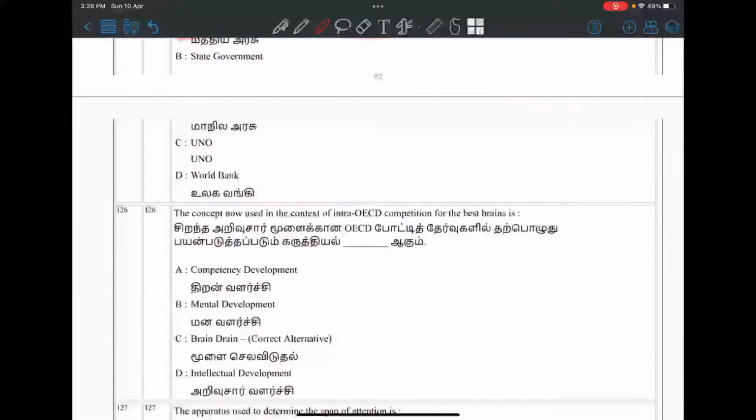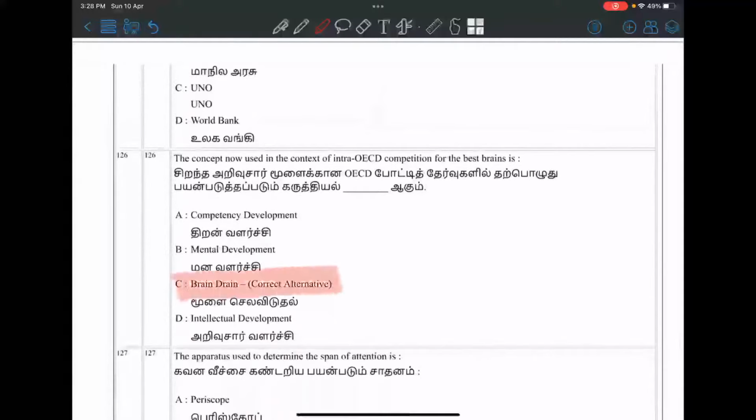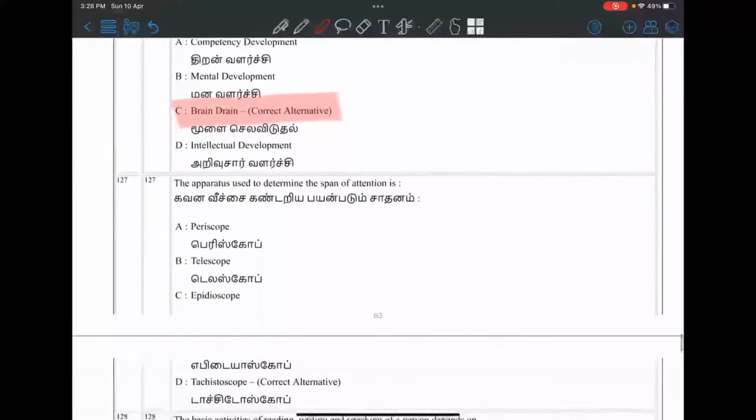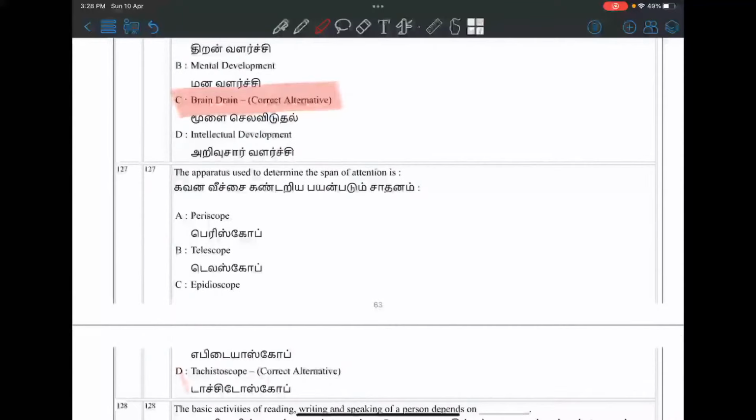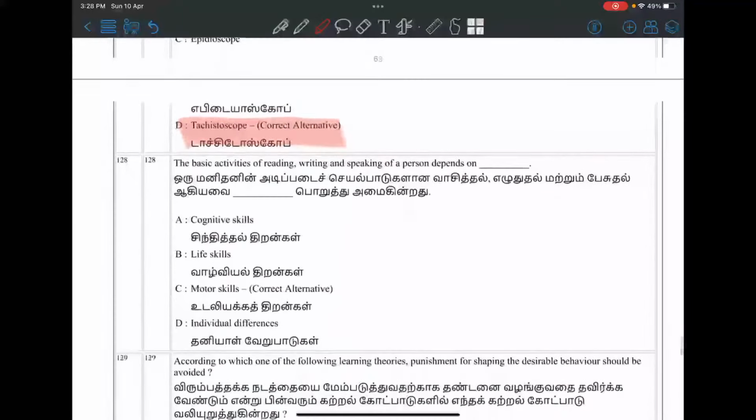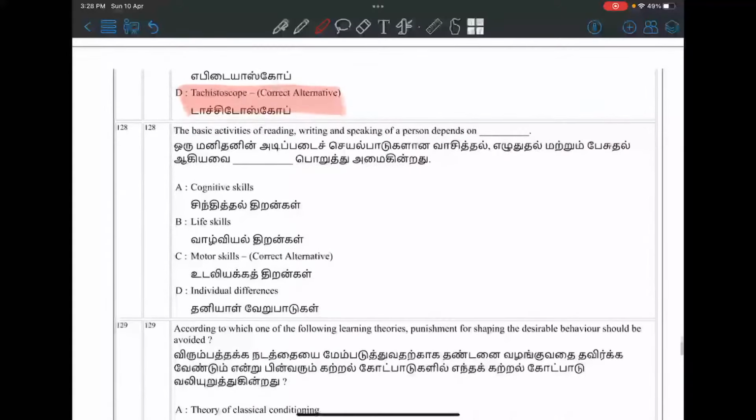The concept now used in the context of intra-OECD competition for the best brains is brain drain. The apparatus used to determine the span of attention is the tachistoscope. The basic activities of reading, writing, and speaking depend on fine motor skills.